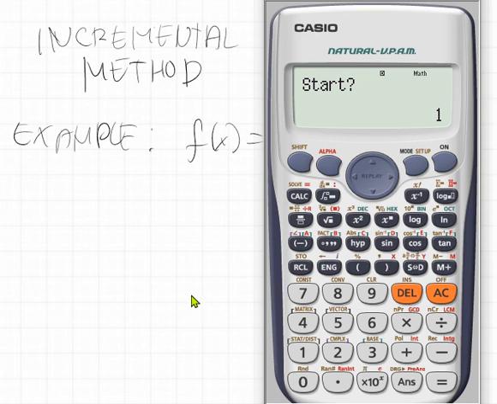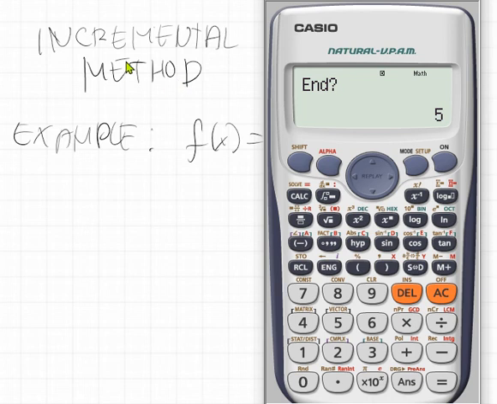Then you press equals. So here, where do we start? We can start at 0. Then where do we end? In the incremental search method, you can make the search wider. But if you make it wider, then the table can be too tedious.